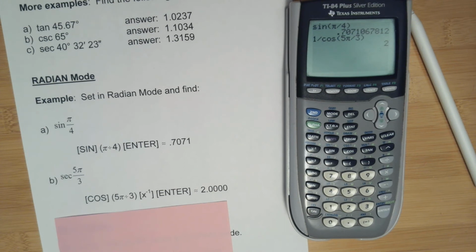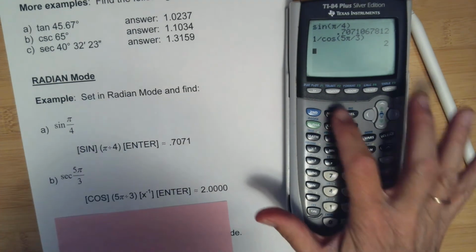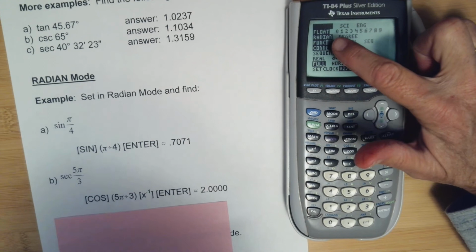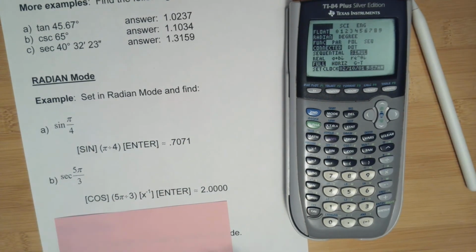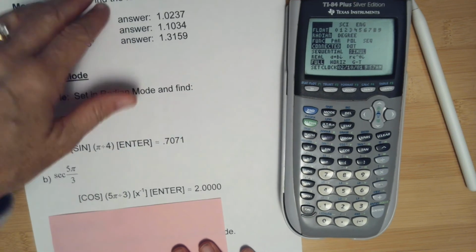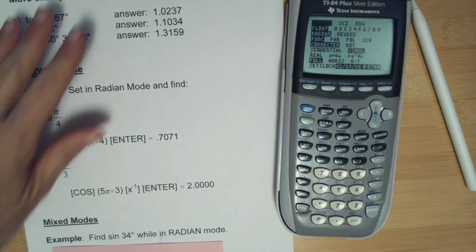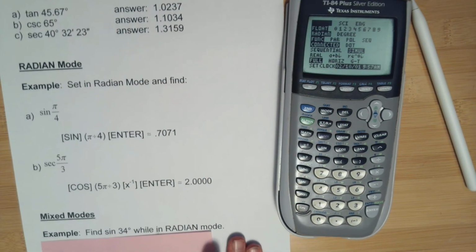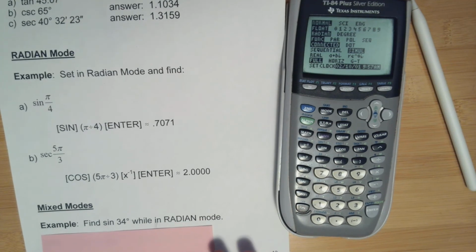Now you can do what's called mixed mode. Now again, notice here that I'm in radian mode, but I can find the sine of, in this case, I can find the sine of 34 degrees even though I'm in radian mode if I put the symbol there.